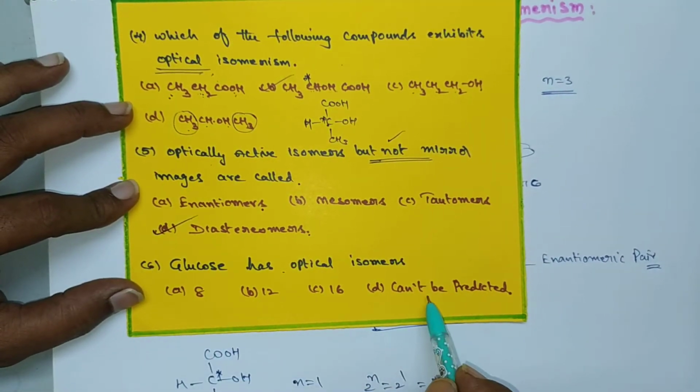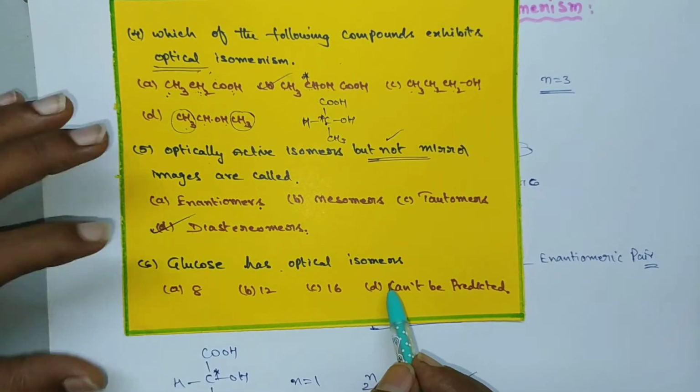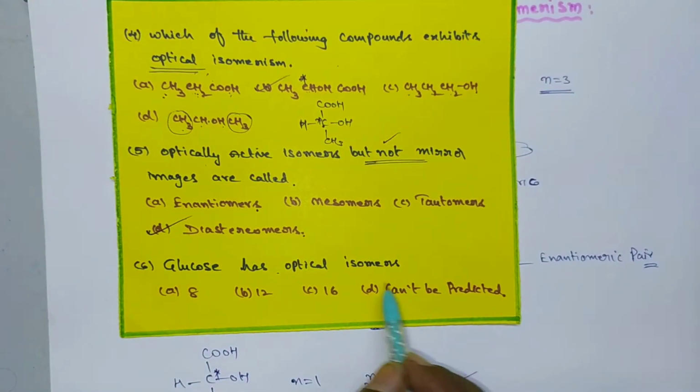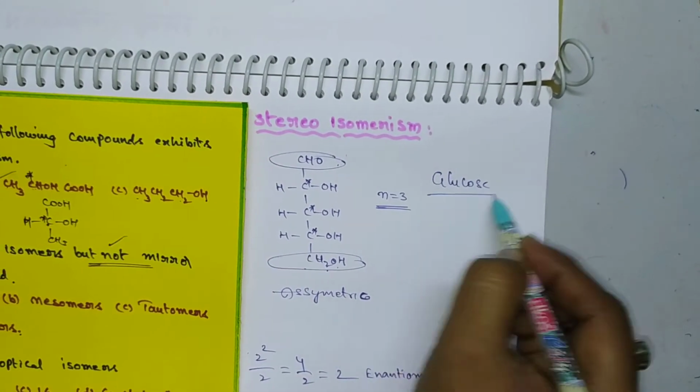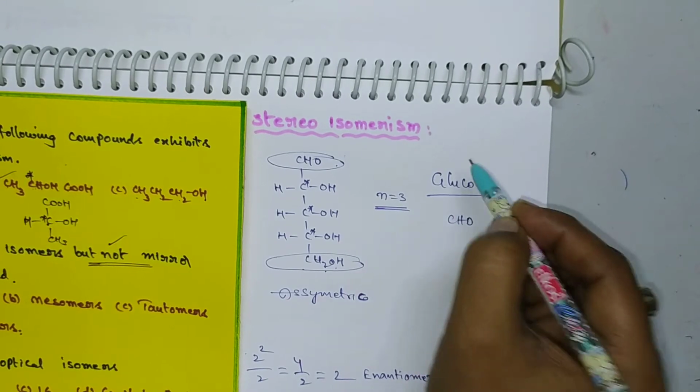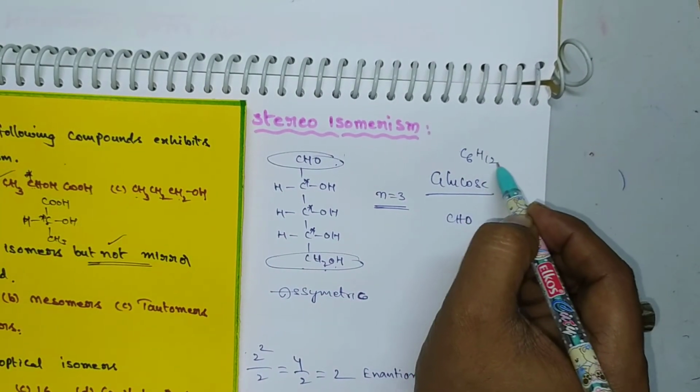How many optical isomers? In order to do this we have to draw the structure of glucose. So here I am giving you the structure of glucose. The molecular formula is C6H12O6.